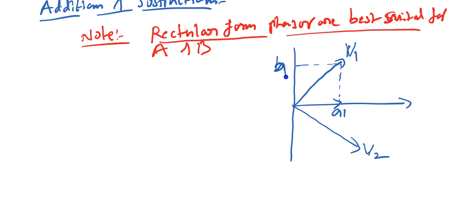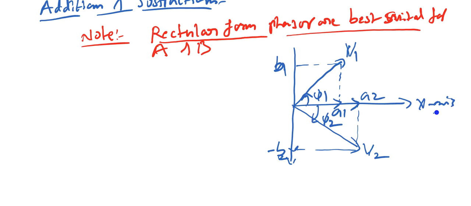For V2, I can take this as a2, and this one as minus b2 because it is going downwards along the imaginary axis. I can also take this as phi 1, and this as phi 2, the angles made with respect to the x-axis, which we take as the reference axis.